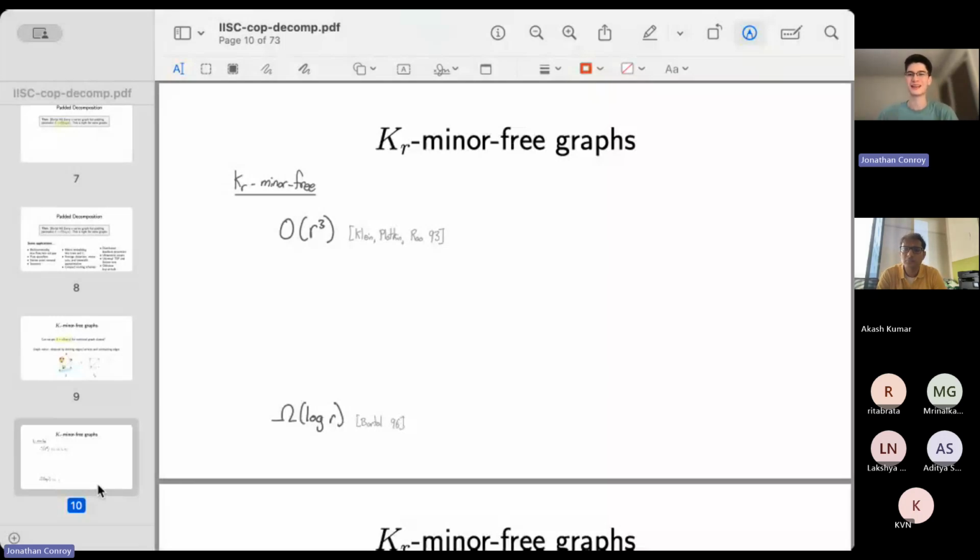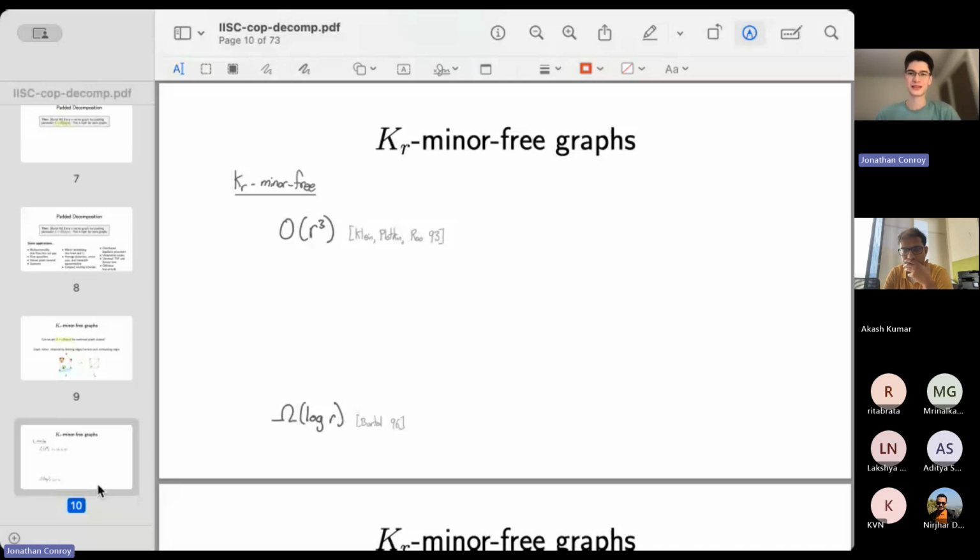I agree, but I think it's fairly easy to get the randomized version from what was written in KPR. So it's okay. I'm just editing them here. Thank you. Great.